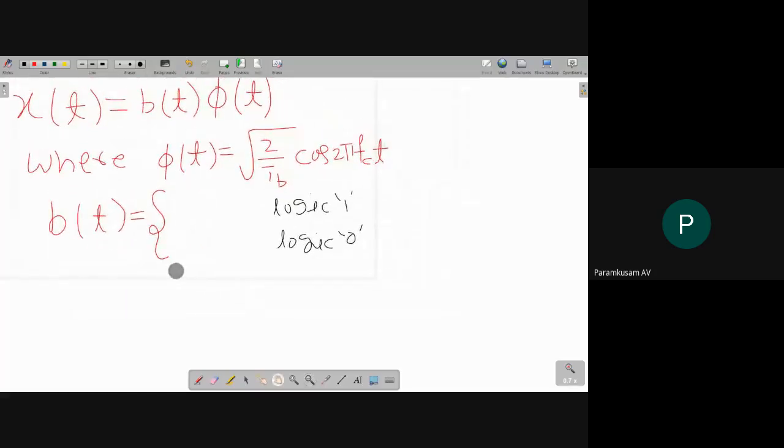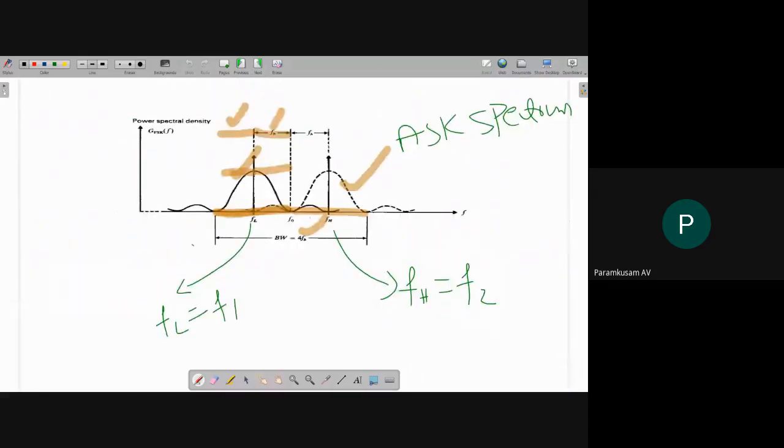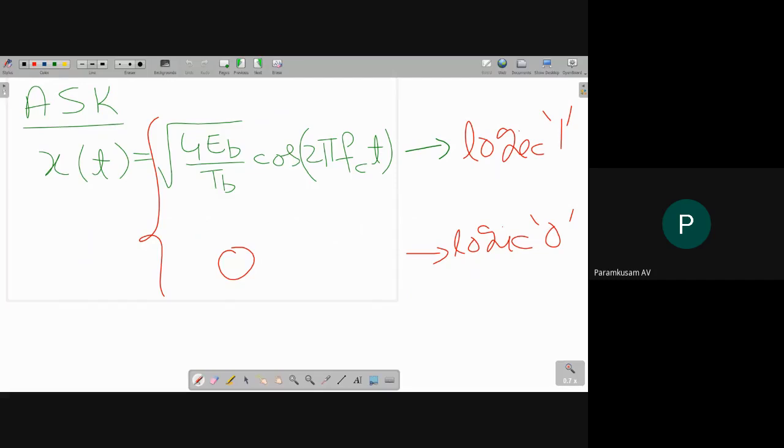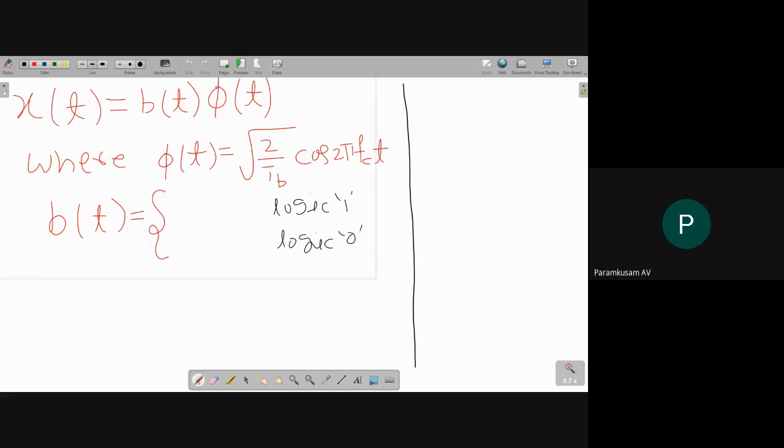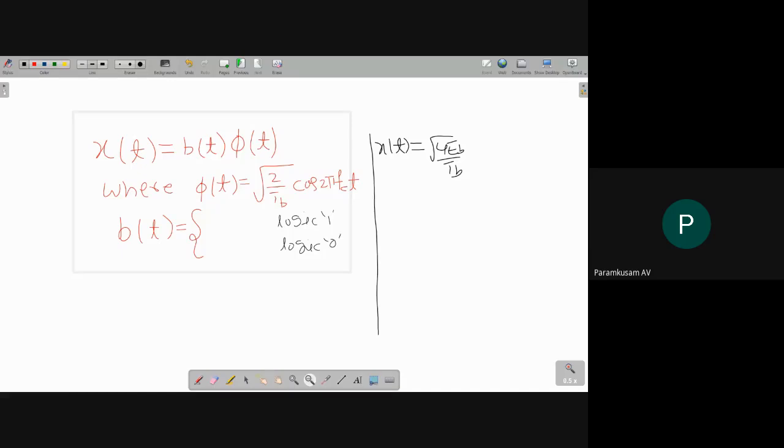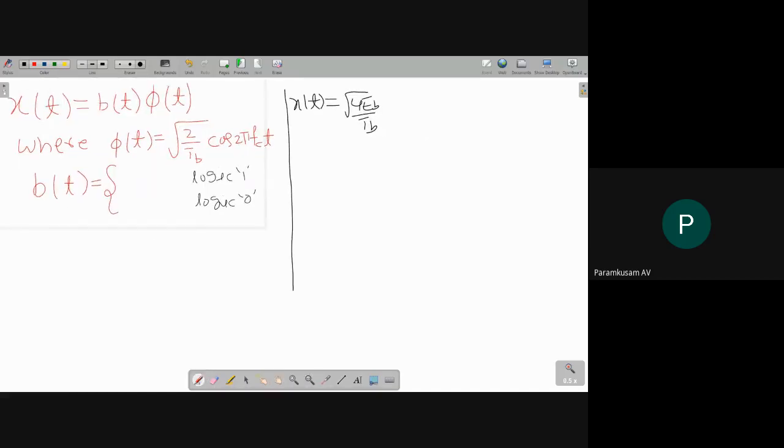X of t is equal to root over 4EB by TB cos 2 pi FCT when logic 1 is transmitted, and it is also equal to 0 when logic 0 is transmitted.